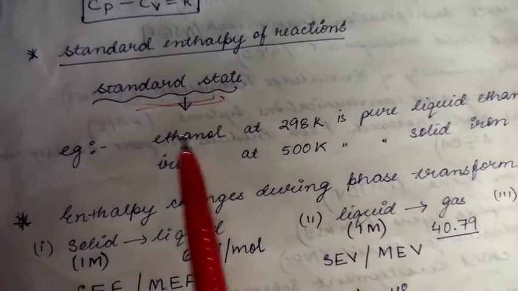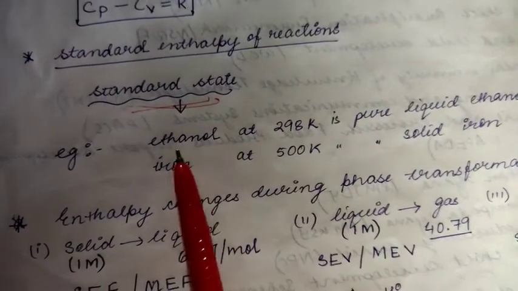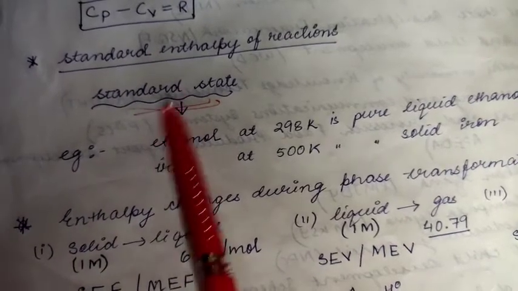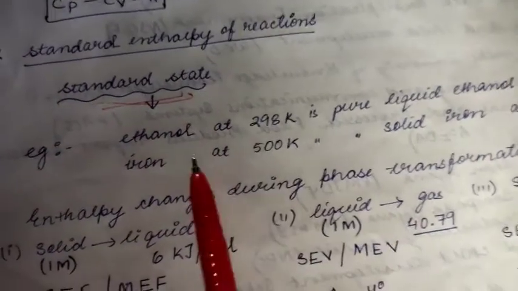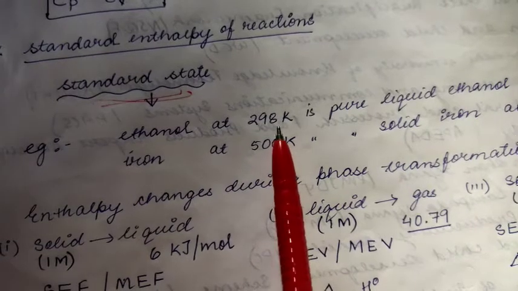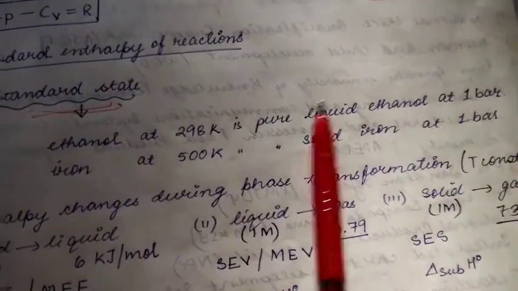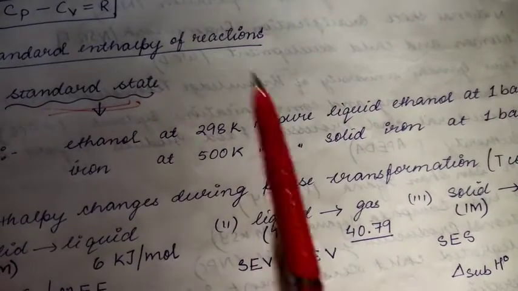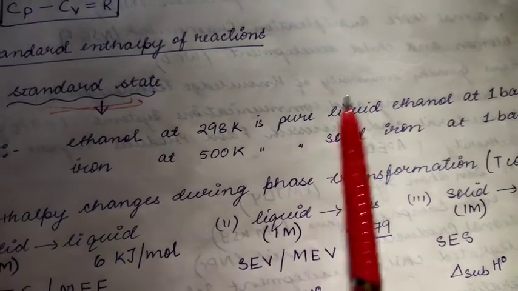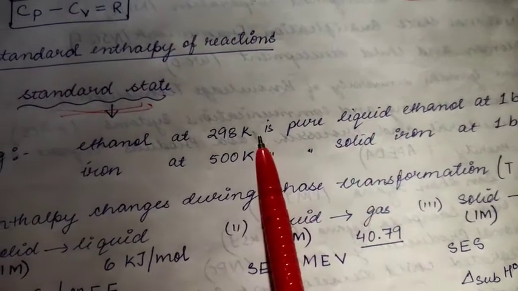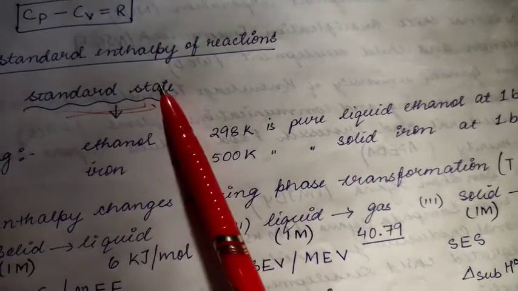Two examples I have taken here. Ethanol: ethanol will be said to be in the standard state when the temperature is 298 Kelvin and the pressure is 1 bar, then ethanol is obtained in the pure form. It is a pure liquid. That state of ethanol is known as the standard state.